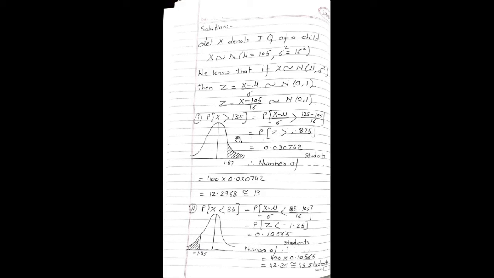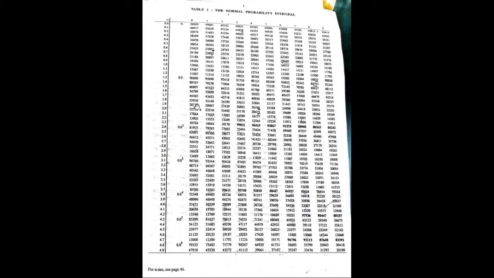So we will draw the curve. We will mark the ordinate as 1.87, and as it is the greater part we mark the right hand side portion, which we can get directly from the table, 1.8 in the 7th column. See the table value.